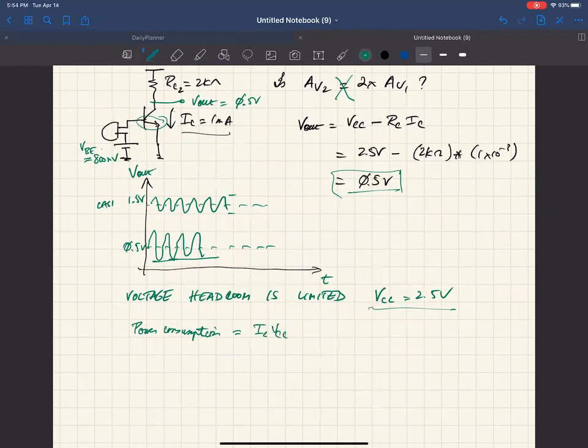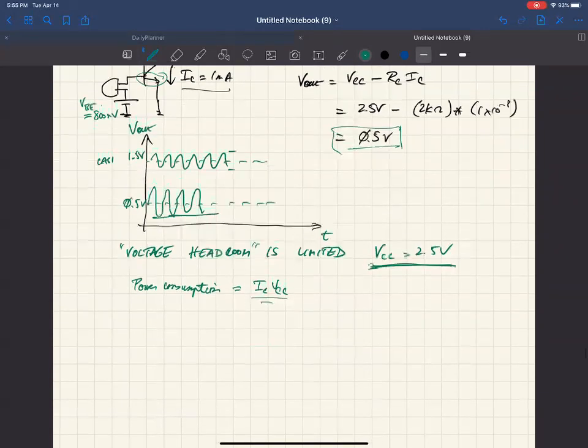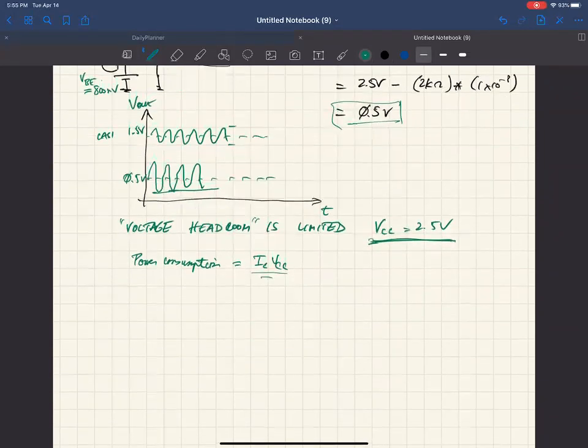A lot of times you have a limitation on what this power consumption can be because you're directly draining whatever battery you have and it causes heat and so on. So a lot of times you have a limit on what your supply can be and how much current you can run off that supply. So basically you have to worry about that and make sure that your amp is always biased up.